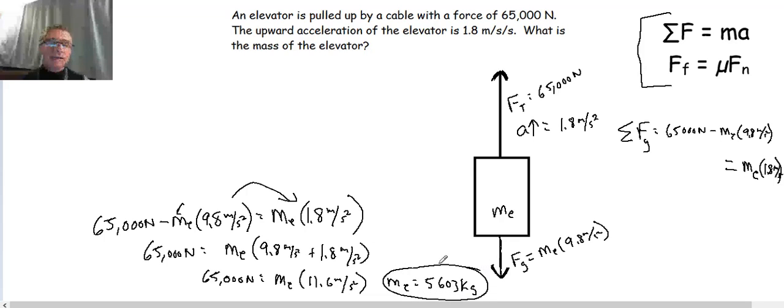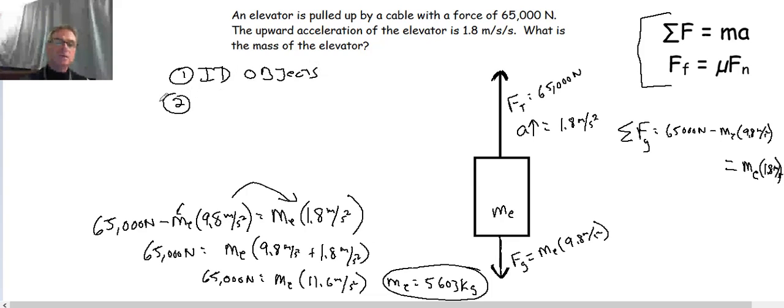Okay, and so it's really that simple in solving a problem like this. The problem that students get into is that they see something like this, and it's an elevator, it's accelerating, it's got this and that, and we don't follow the process. There's a strict process to solving these types of problems. One is to identify all of your objects.